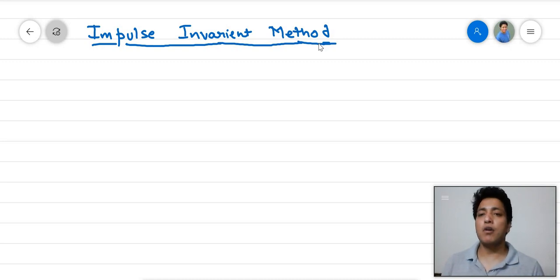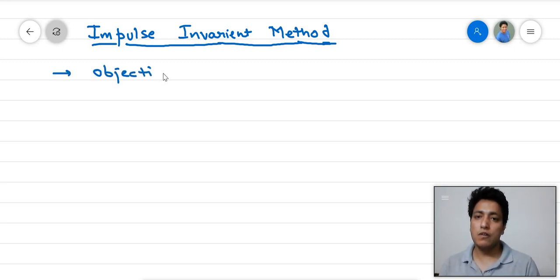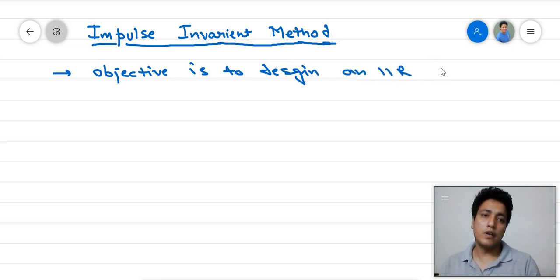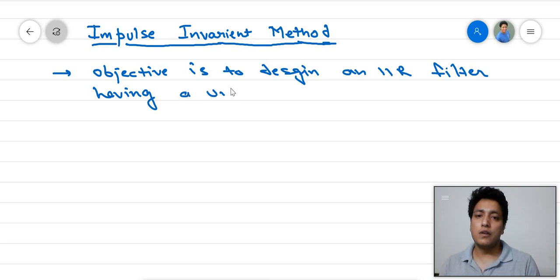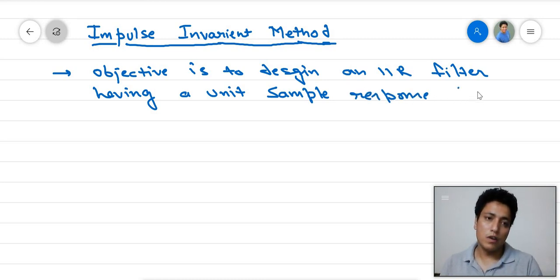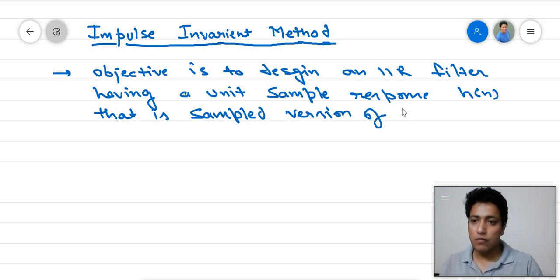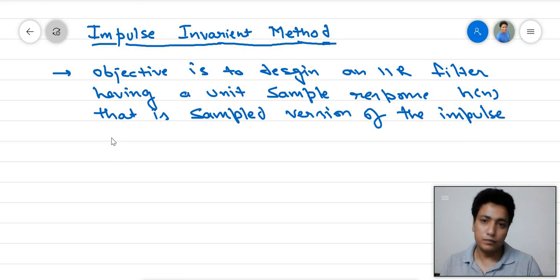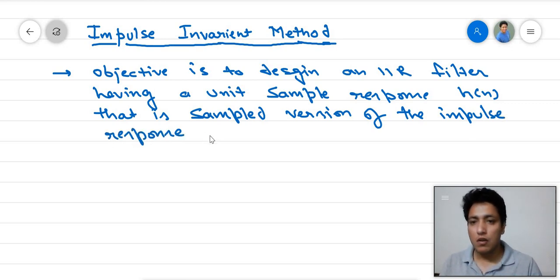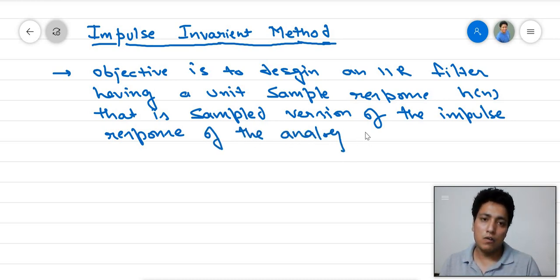In the Impulse Invariant Method, our objective is to design an IIR filter having a unit sample response that is the sampled version of the impulse response of the analog filter.